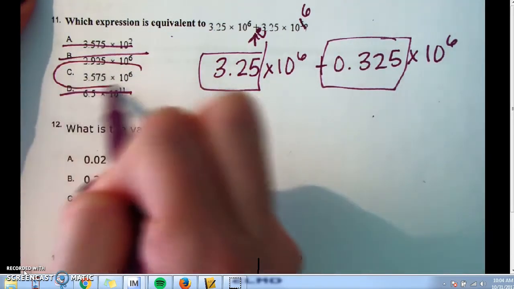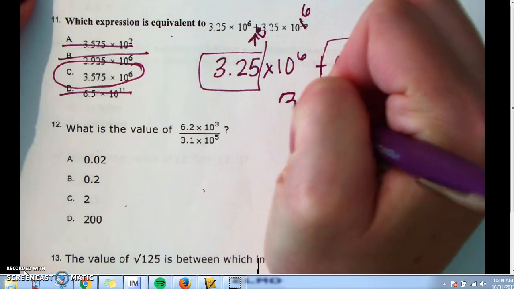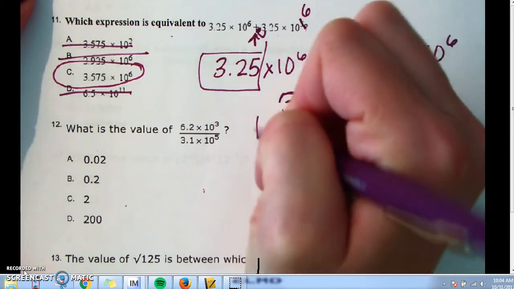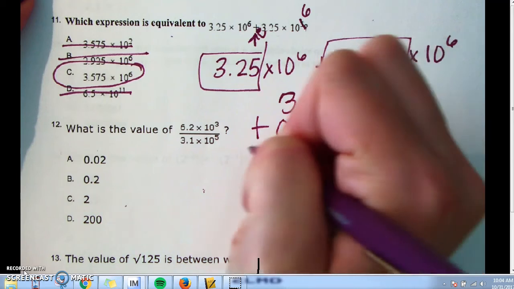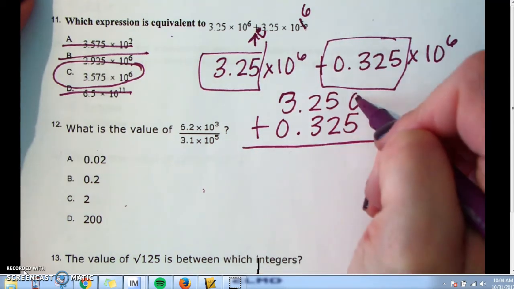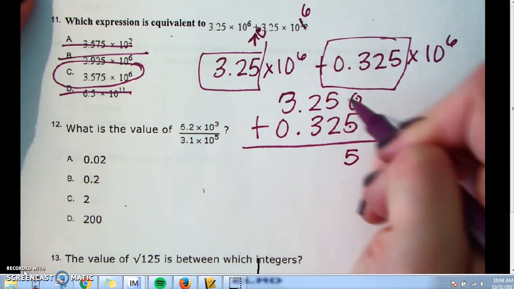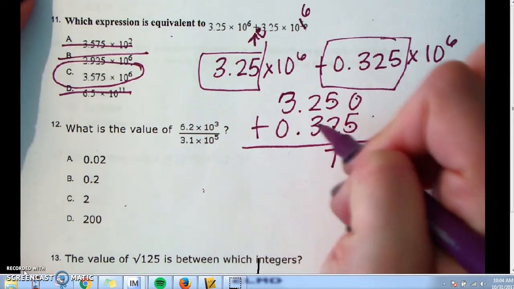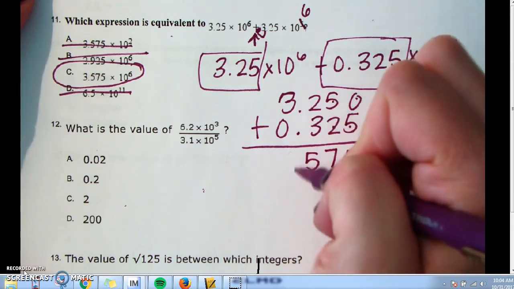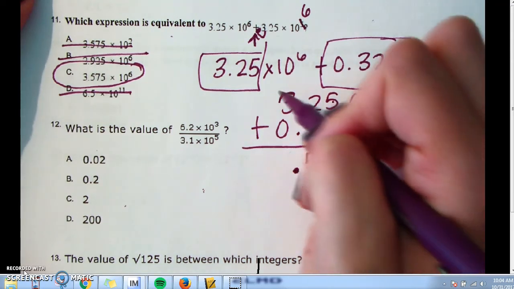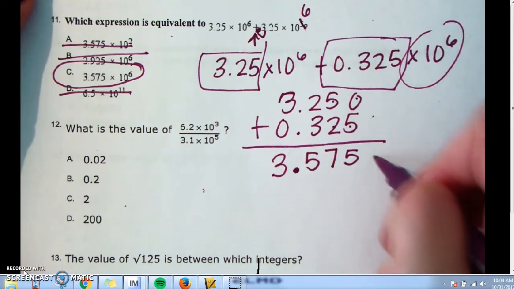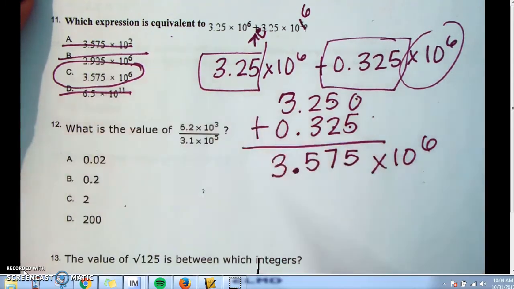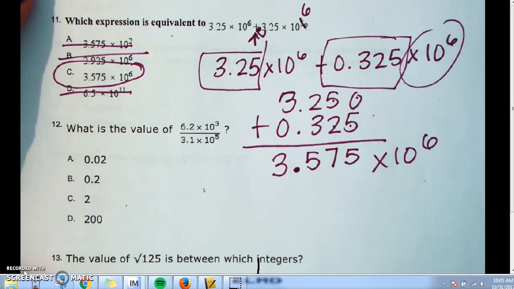It has to be C. I could also say 3.25 plus, make sure you line up the decimals and add a 0 when you're adding. 0 plus 5 is 5. 5 plus 2 is 7. 3 plus 2 is 5. Bring down your decimal. Bring down your 3. Keep your exponent, times 10 to the 6th, and that matches answer choice C.